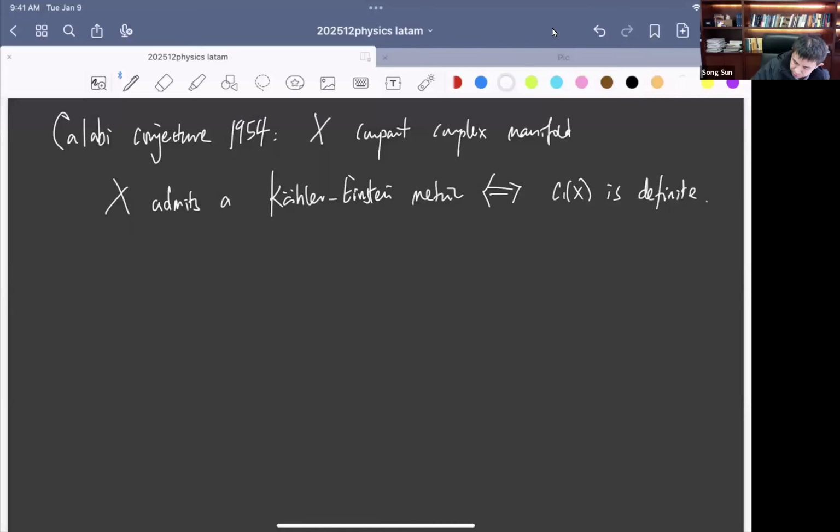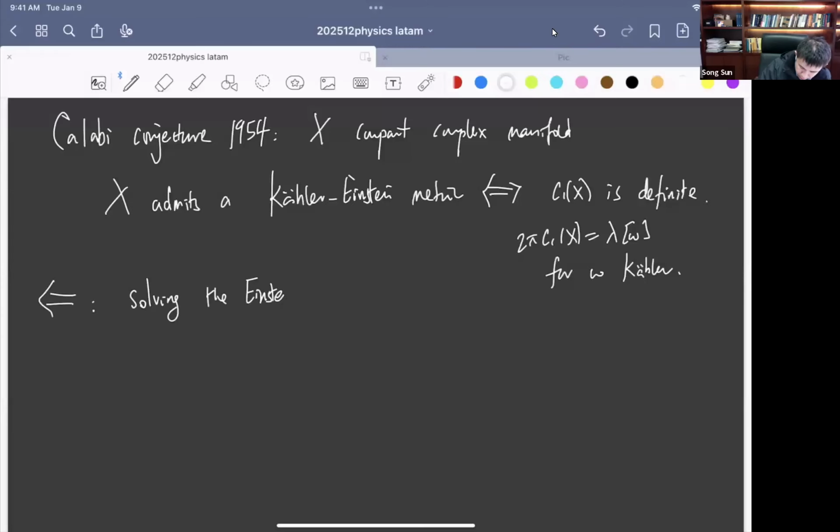This means the first Chern class of X equals lambda times omega for omega Kähler. We have already seen that this is necessary, and for the sufficiency, this is a conjecture, and this will involve solving the Einstein equation.